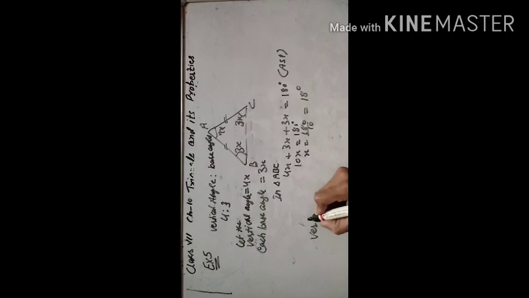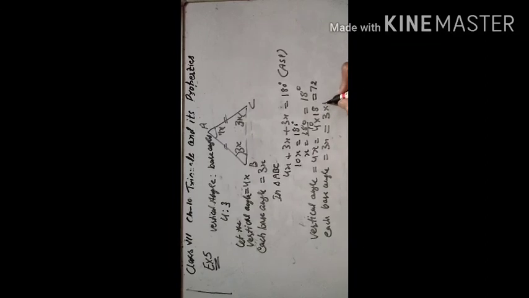Now vertical angle is equal to 4 into 4x, that is 4 into 18, that is 72 degrees. Each base angle is equal to 3x, which is 3 into 18, that is 54 degrees. So the three angles are 72 degrees, 54 degrees and 54 degrees.